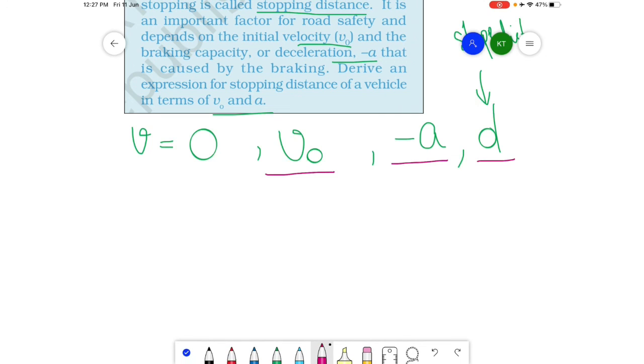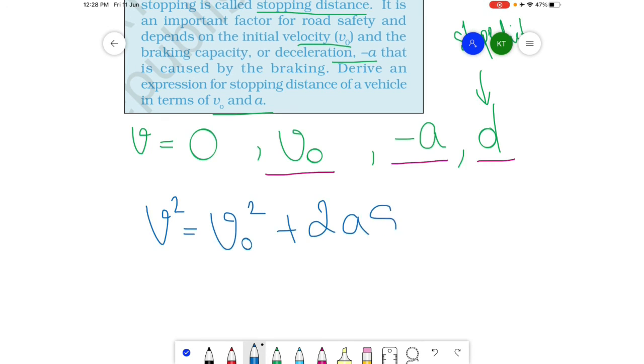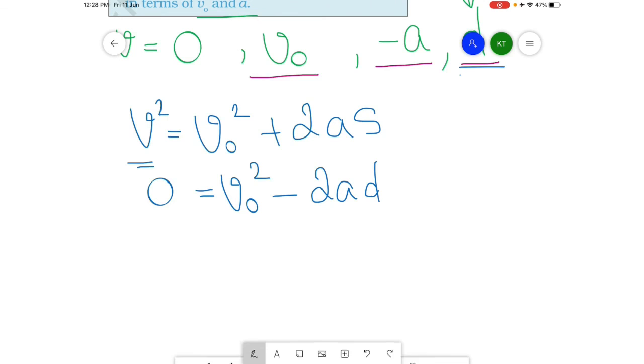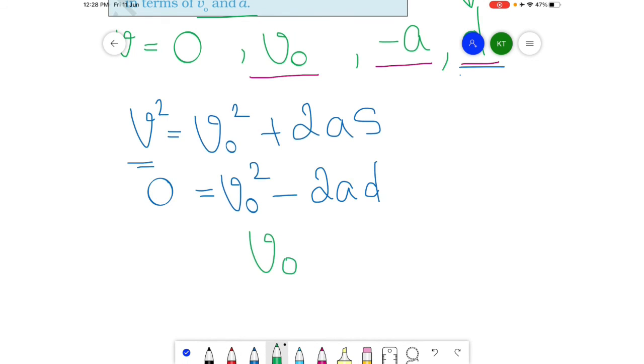Which equation of motion can be used for this? We can use v square equal to v0 square plus 2as. What is the final velocity here? 0. Initial velocity is v0 square minus, because it's deceleration, 2a. Stopping distance we've taken as d. So when we solve this, we get v0 square is equal to 2ad.